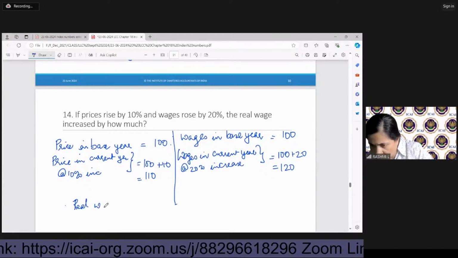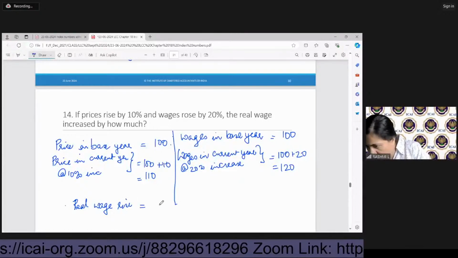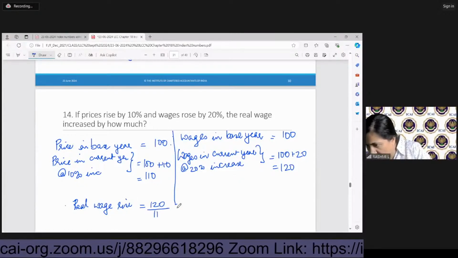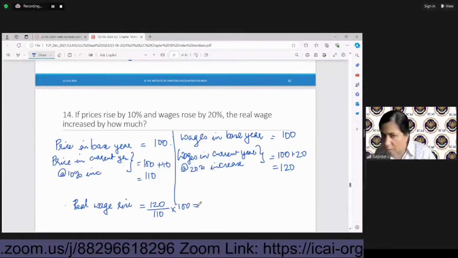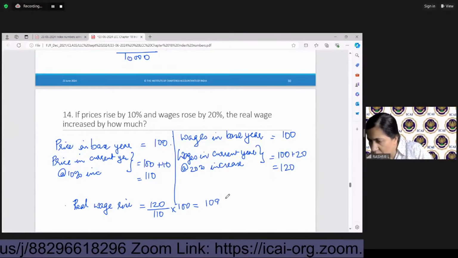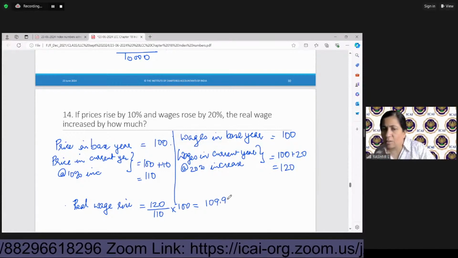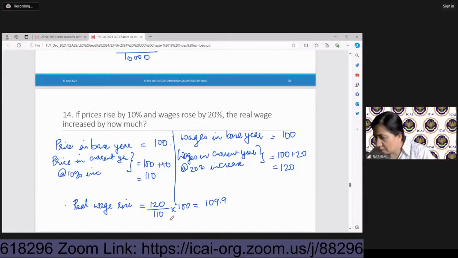Real wage rise will be equal to 120 upon 110 into 100, which is equal to how much? 109.9. Okay.